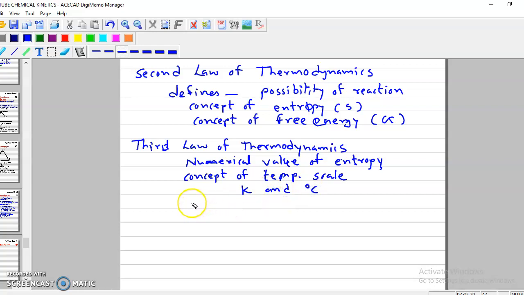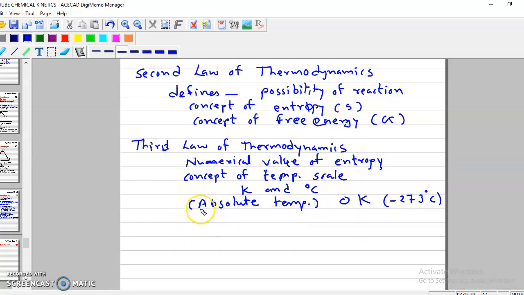It also gives us information about absolute temperature, that is 0 Kelvin, that is minus 273 degrees Celsius.